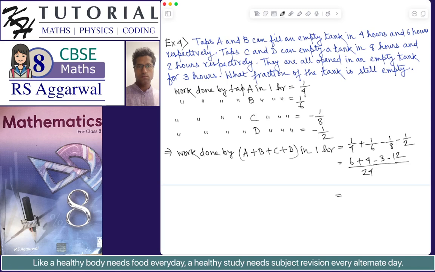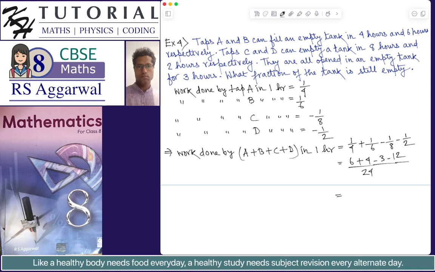So work done by all the taps when they are working together, in 1 hour, should be 1 by 4 plus 1 by 6 minus 1 by 8 minus half. The LCM will be 24.